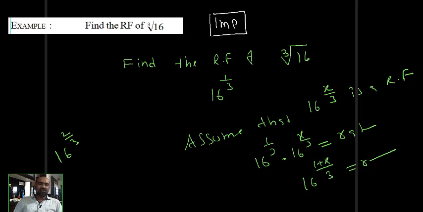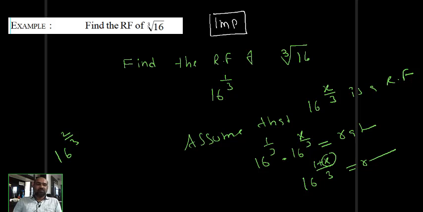Obviously this answer is correct, but this is not the simplest RF. That is the interesting thing, why, I will explain. 16 power (1 plus x) by 3 is a rational number. There exist infinitely many x. One of the x is 2.